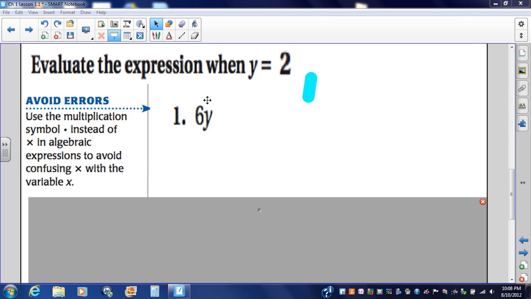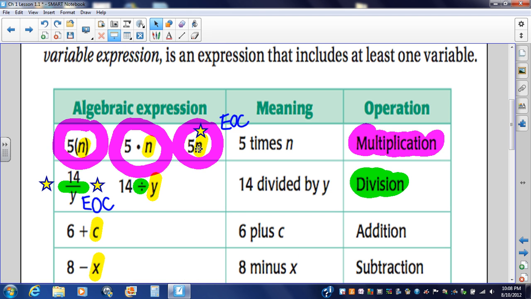Guys, please write the expression 6y on your paper, and then please write y equals 2. Remember that this is an expression because I have a number, I have a variable, a letter, and they are touching each other. We said up here when they were touching each other, that meant multiplication.